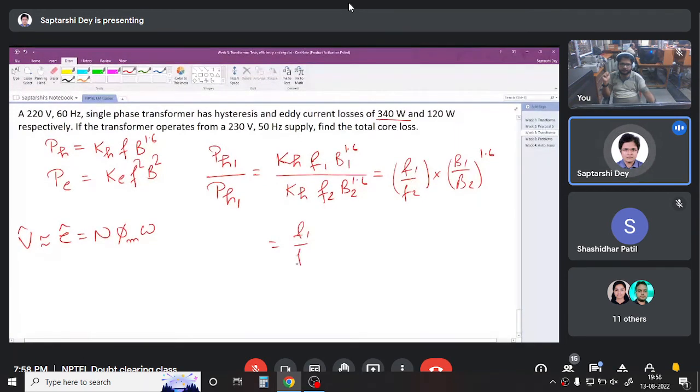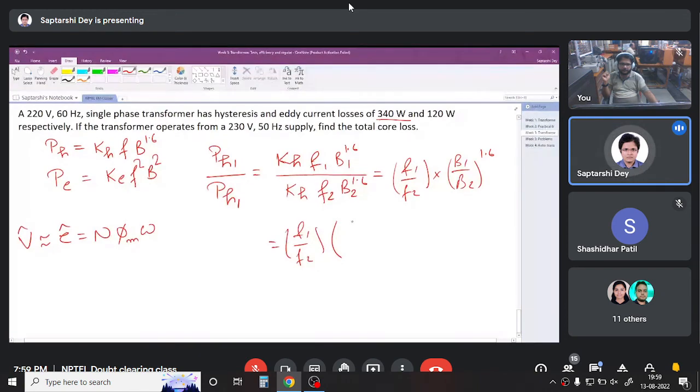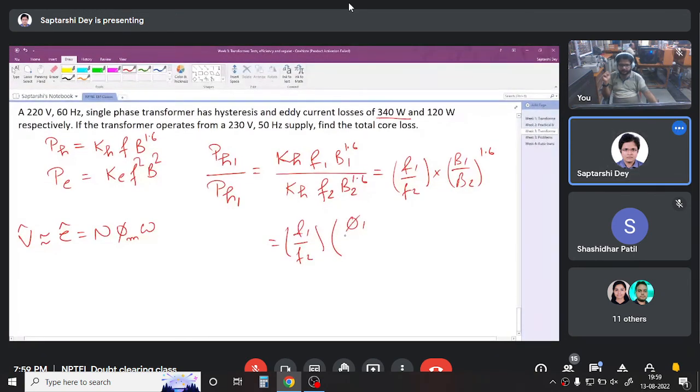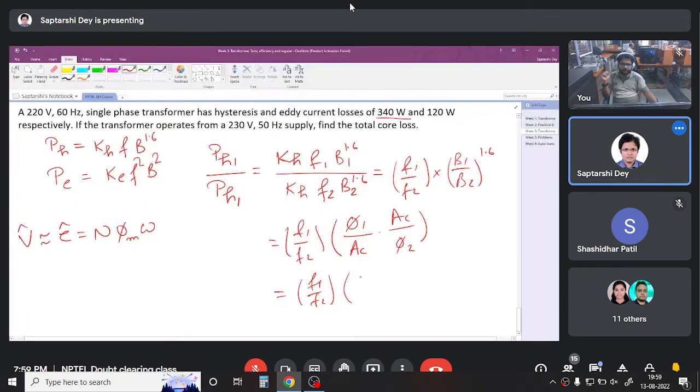F1 by F2 times, what is B1? B1 is phi 1 by area of core, and B2 is phi 2 by area of core. Area of core of the transformer does not change. So F1 by F2 times phi 1 by phi 2 to the power 1.6.